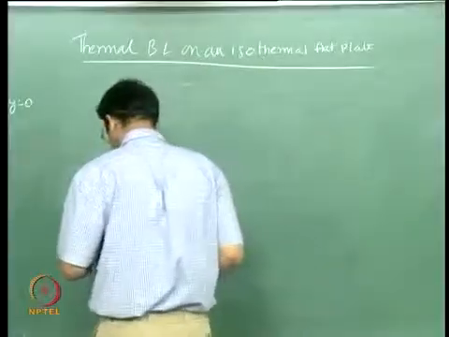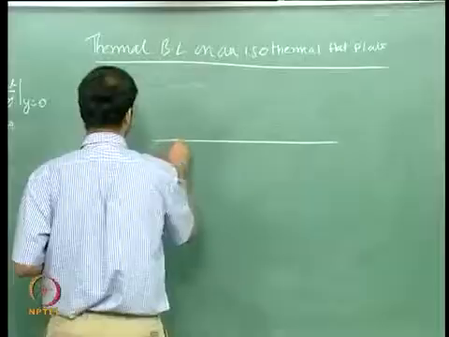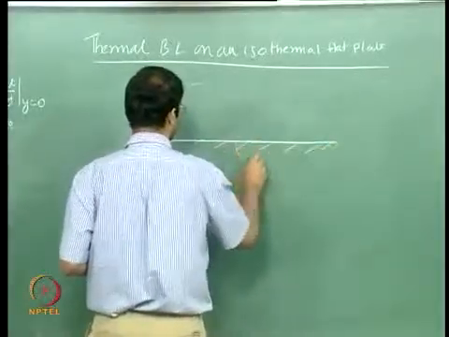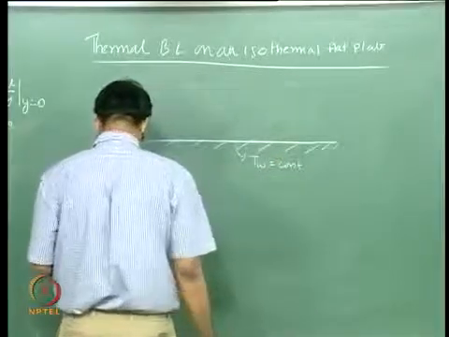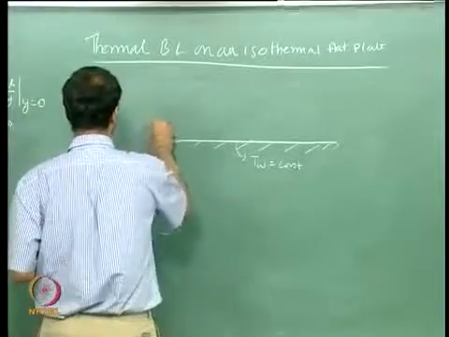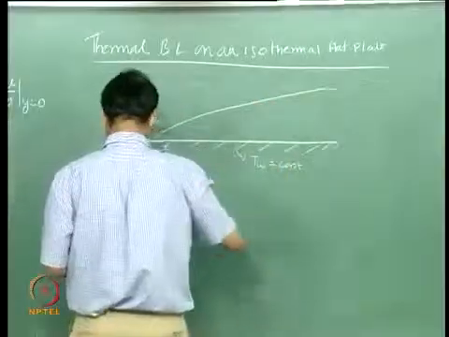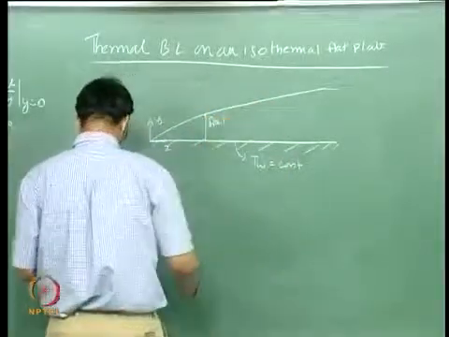So apart from the development of the velocity boundary layer, now you also maintain a fixed wall temperature, which is uniform, and this is your coordinate x and y. So your velocity boundary layer grows and your boundary layer thickness keeps increasing with the axial location.